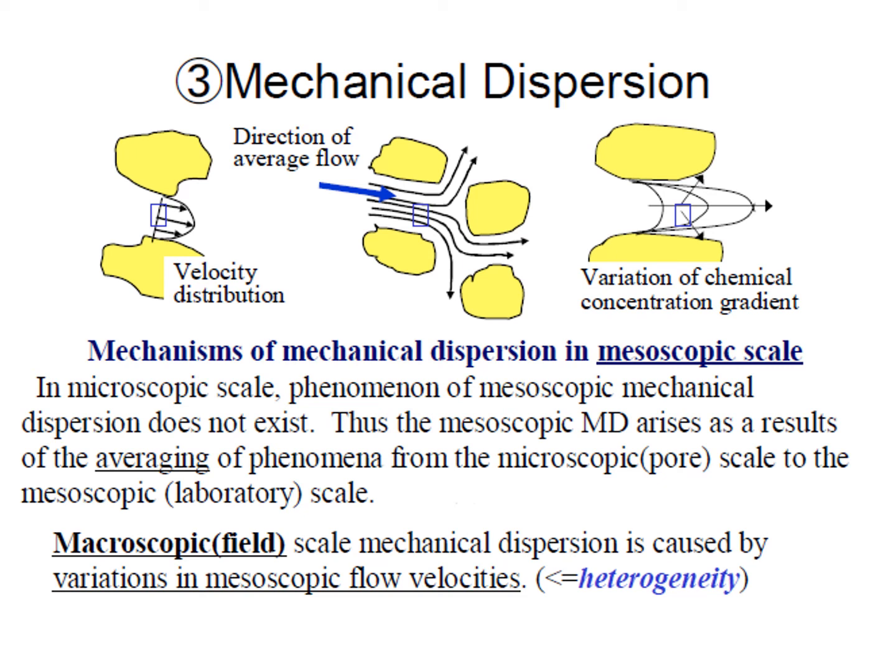On this side it is easier to move this way, for this central line it's easier to move this way, and for this end it will be easier to move this way. So this is called mechanical dispersion.